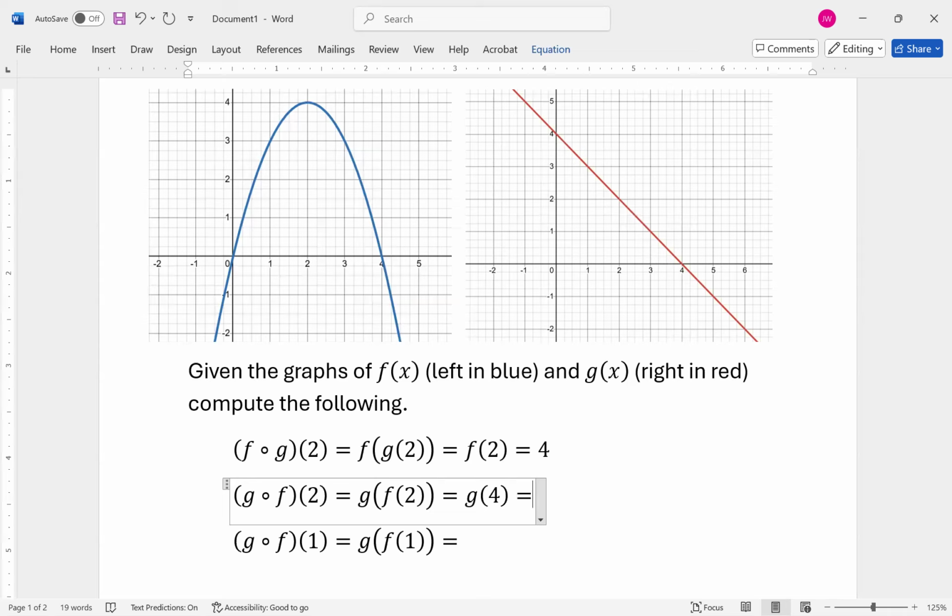That output of 4 becomes our new input of g. And if we trace it out, our input of 4 into g gives an output of 0, because our graph of g goes through the point 4, 0.